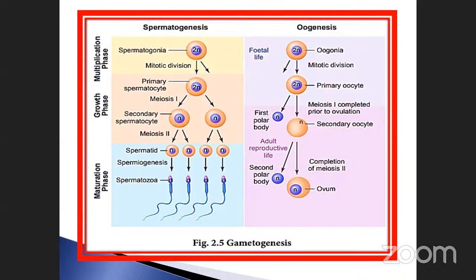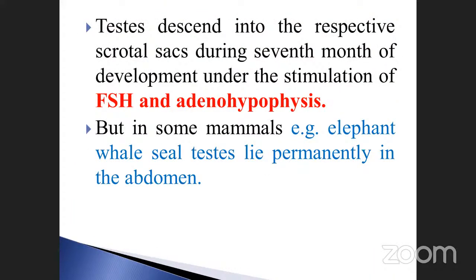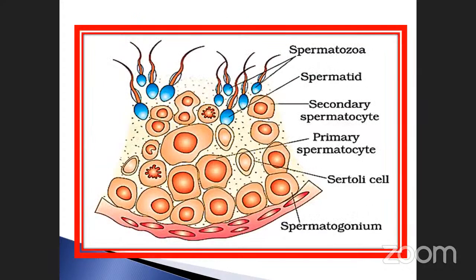Non-motile spermatid undergoes the spermiogenesis process, as a result of which spermatozoa are formed. Those things we already discussed. So what are the responsible hormones? That was also discussed very deeply.